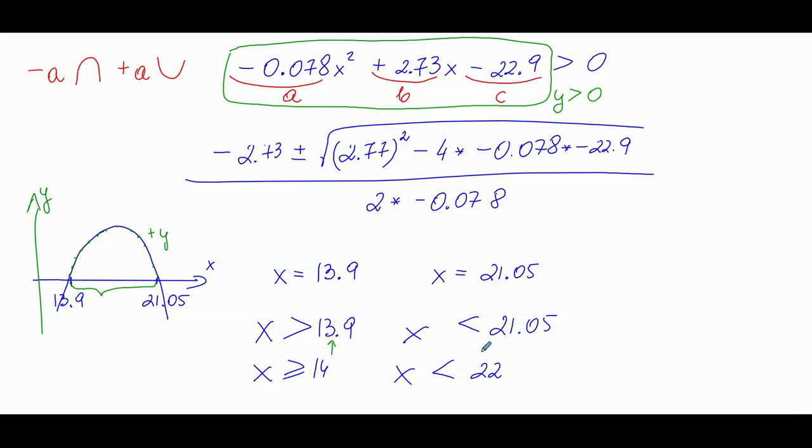And following the same logic, x has to be less than 22, but it cannot equal 22. So what are we going to say? x can be less than or equal to 21, isn't it? So that fulfills the terms and conditions of our answer.